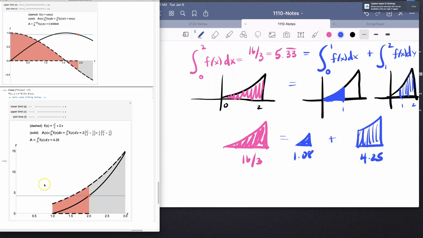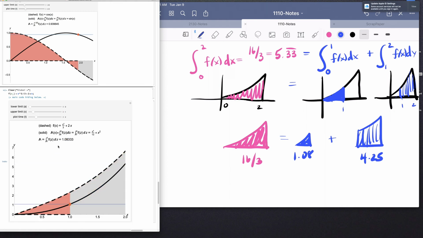And if we added those two values together, the 1.0833 and the 4.25, that leads us to the 5.33 repeating, which was equal to the 16 over 3.